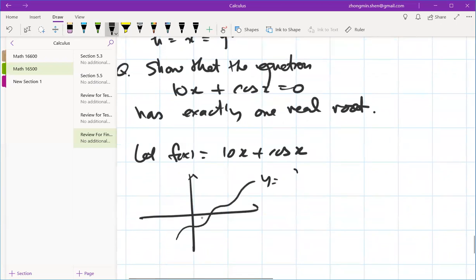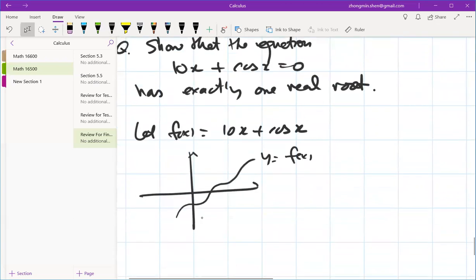Okay, this is y equals f of x. To prove that it has exactly one real root means to prove that it has exactly one x-intercept. So first we have to prove there's at least one x-intercept, right? And second, then you prove that it has no more than one x-intercept.